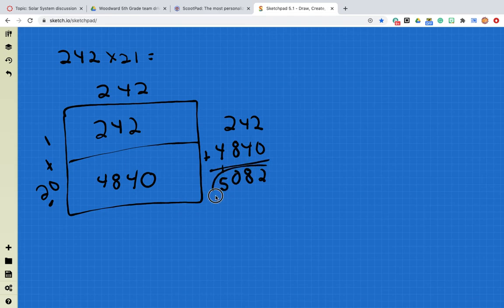So I'm going to get a total product of 5,082. That's what it looks like on area model.